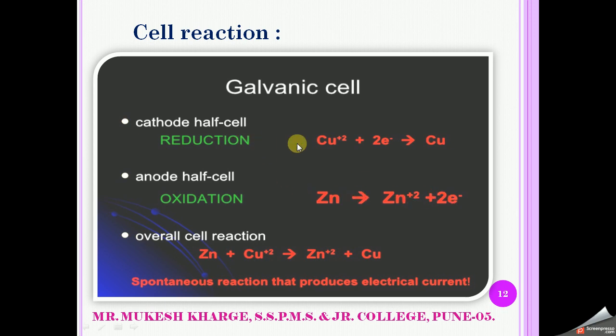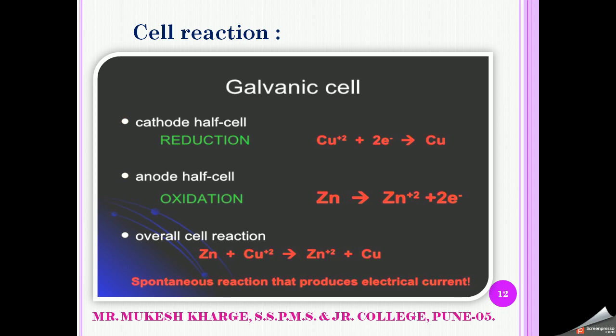These electrons are gained by Cu2+ ion from aqueous solution and get converted to Cu. So electrons are gained by this electrode, so reduction takes place at the cathode. Now if we combine these two reactions, we write Zn plus Cu2+, the 2 electrons get cancelled from both sides, and on the right hand side Zn2+ plus Cu. So here the reaction takes place on its own, that means spontaneously, and that produces electric current. So we can measure the voltage in your voltmeter.